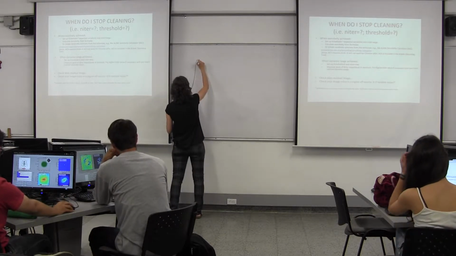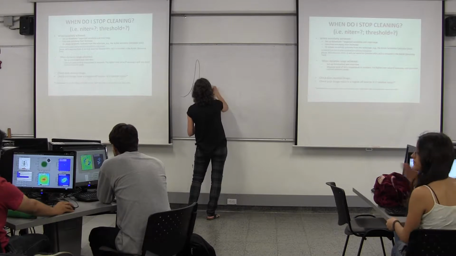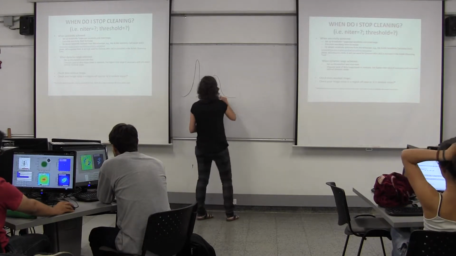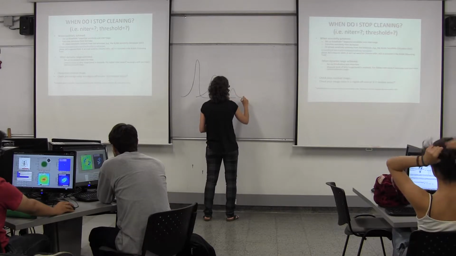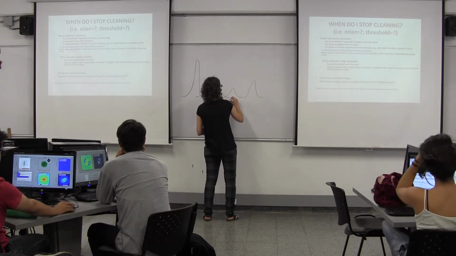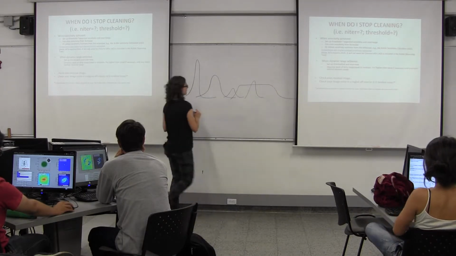We have a very strong point source. Next to it we have a Gaussian-like one, if you want. We have another weak one. And let's assume we also have an extended source like this.